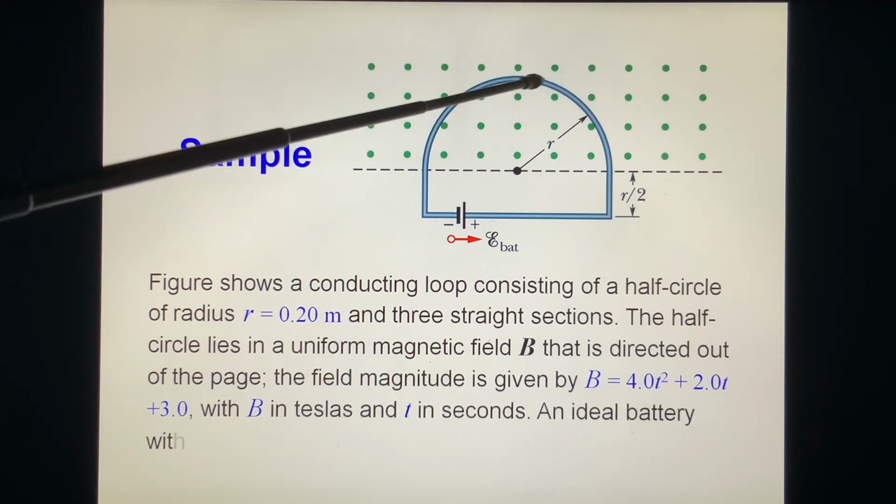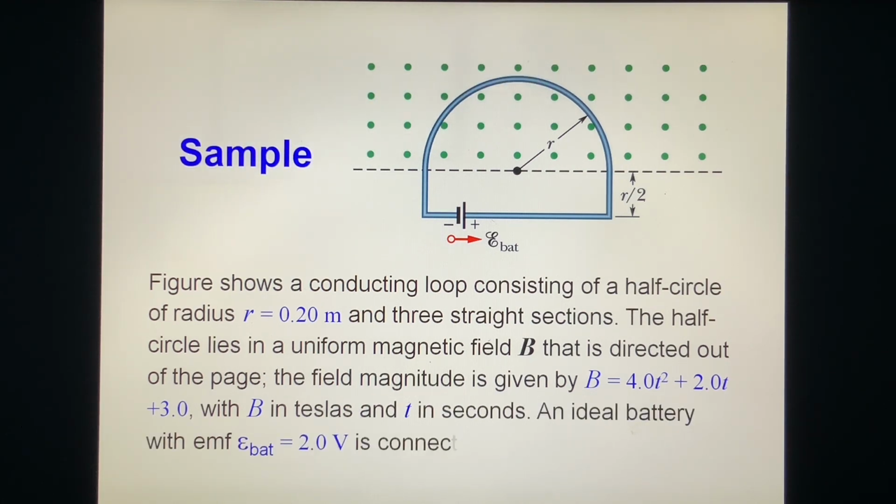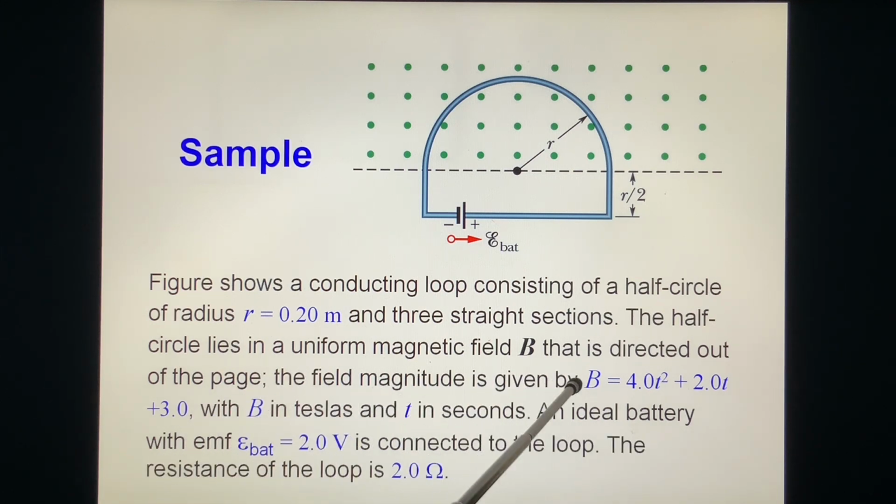We see the head of the arrow. The field magnitude is given by B equals 4.0 t squared plus 2.0 t. It changes with time, so it's not constant. It changes with time, but not with location, with B in teslas and t in seconds.